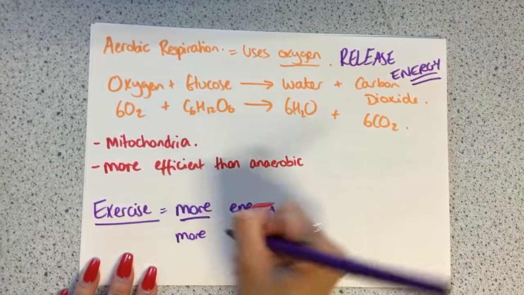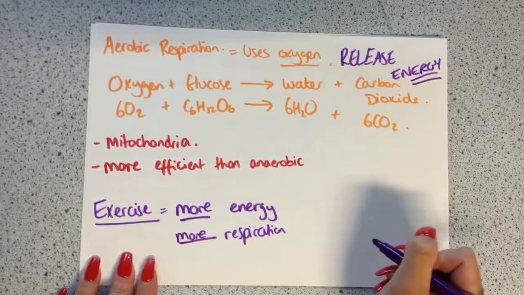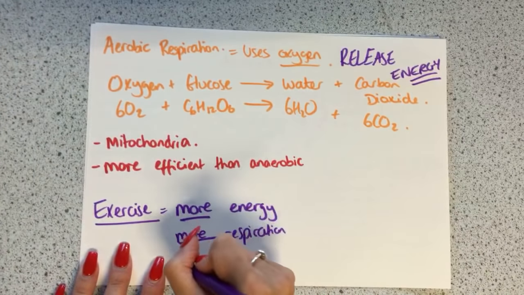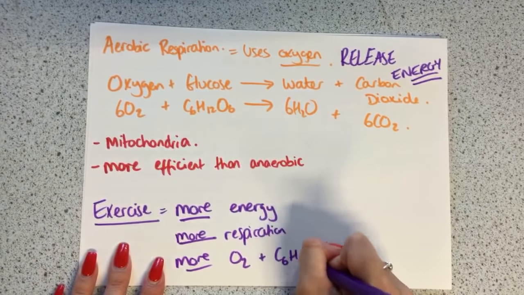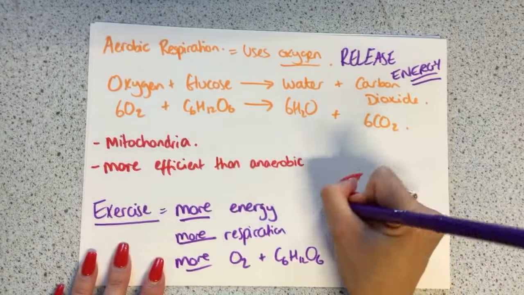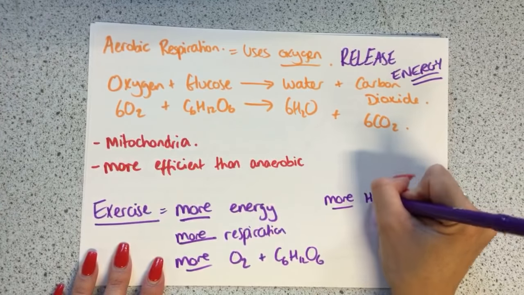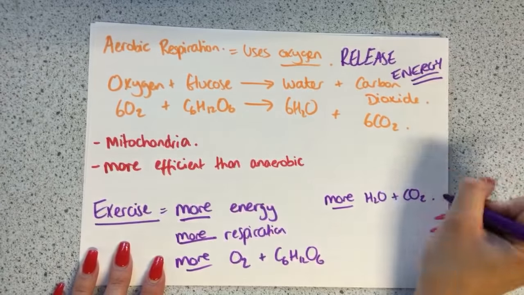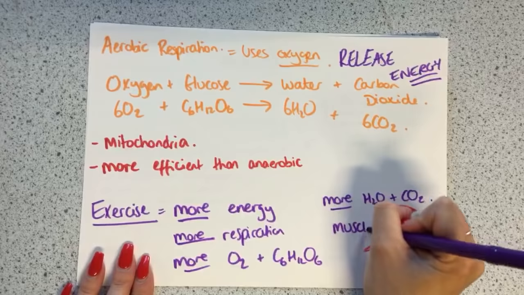Therefore, you're going to need to do more respiration. Always use the word more. Then you're going to need more oxygen and glucose. And you're also going to produce more of the products. So water and carbon dioxide. Okay. So that your muscles can contract.